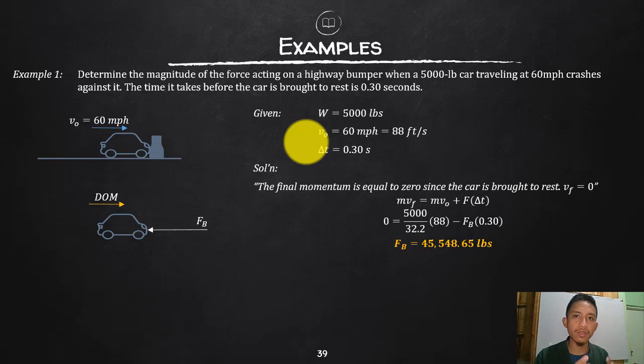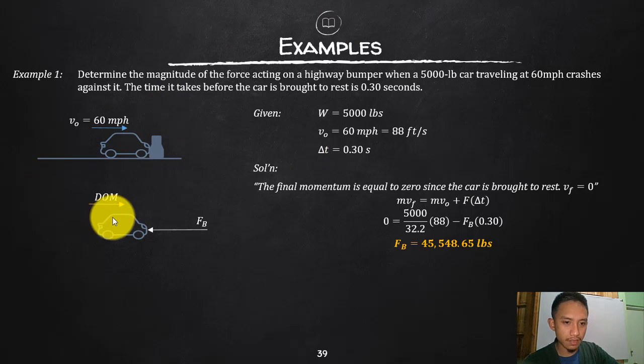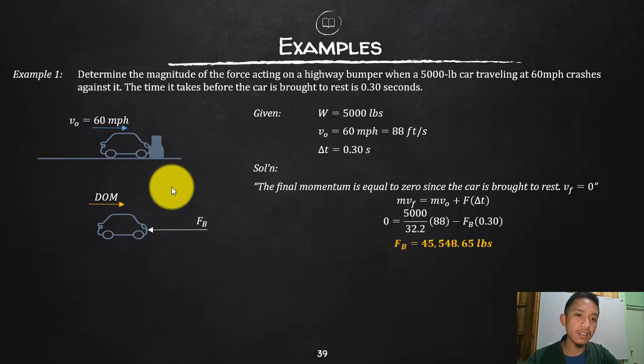The reaction of the bumper against the car will serve as the external force. So if you draw the free body diagram, we will draw the diagram of the car, not the bumper, because we are referring here to the car as the original body in motion.